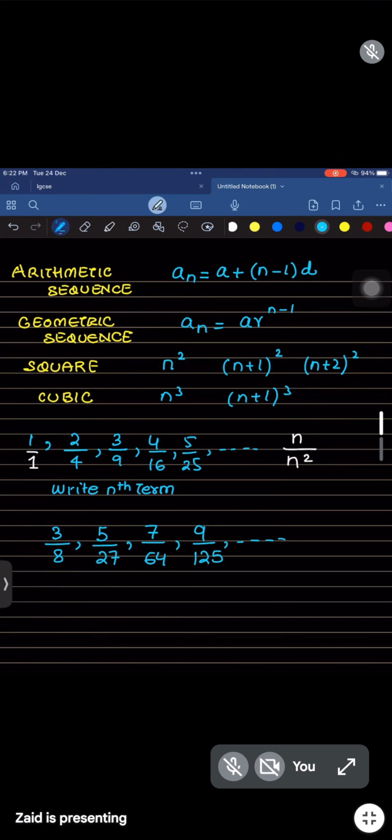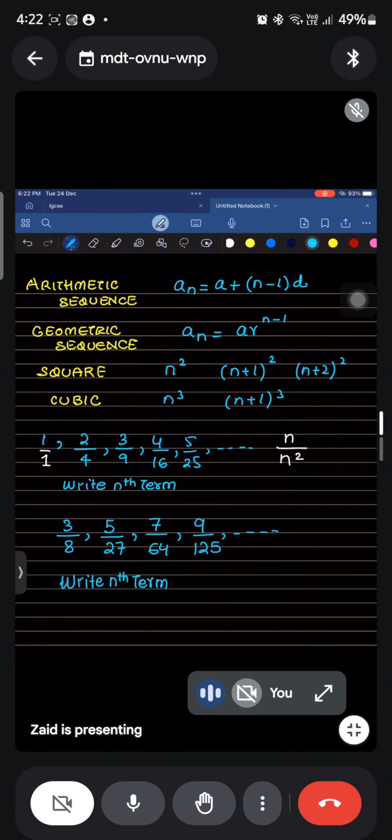You have to tell me the nth term for this one. Yeah, they're cube numbers, exactly.